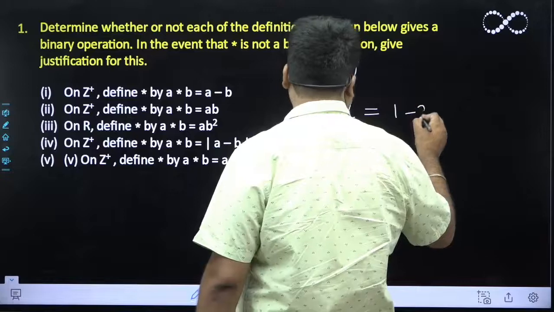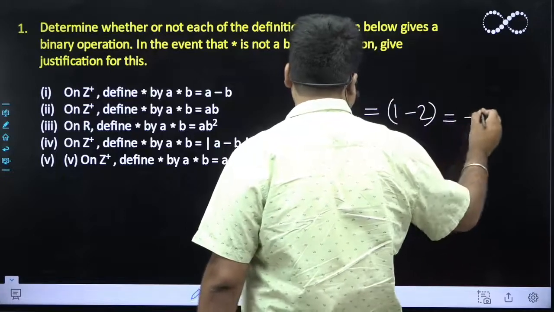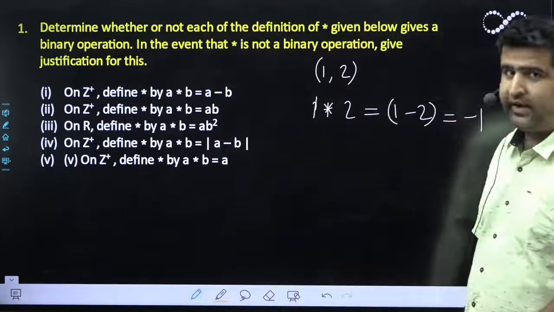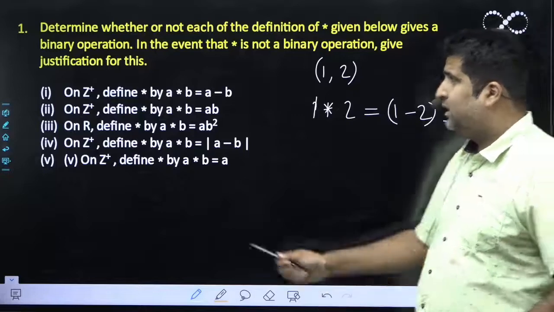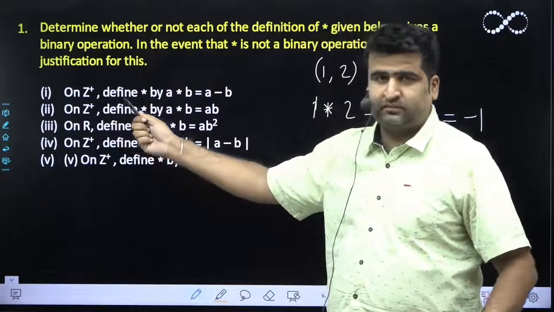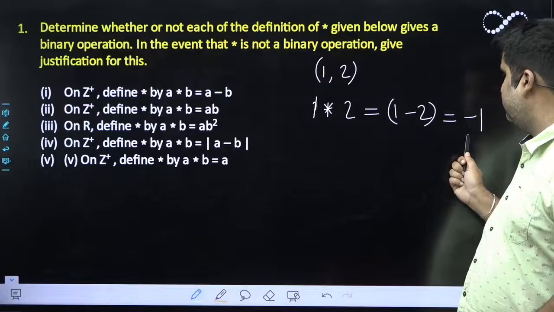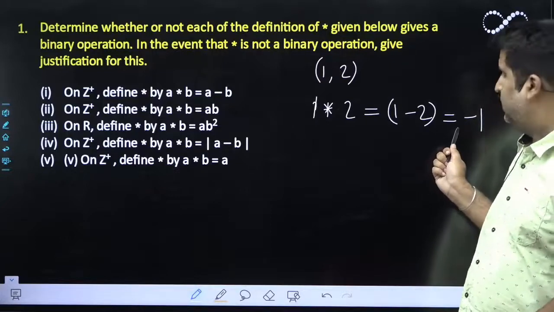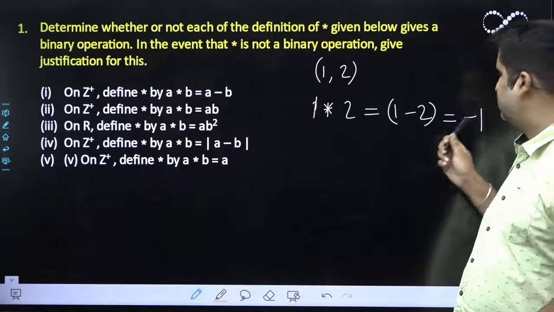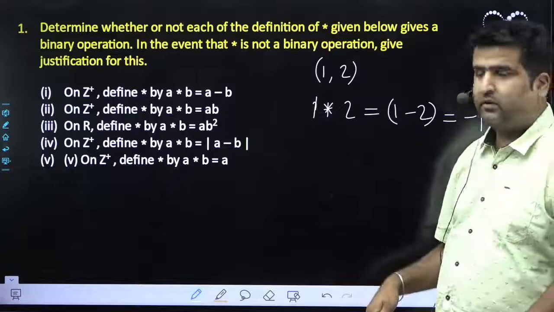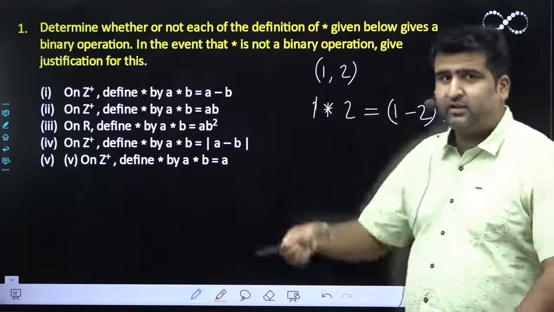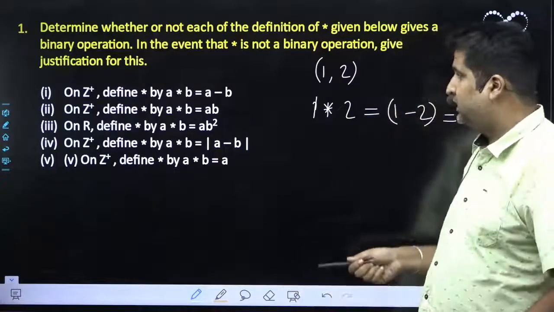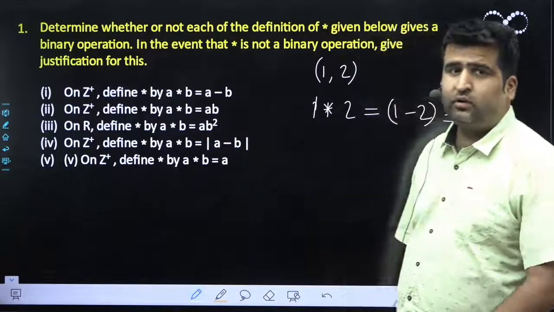This is equal to 1 minus 2, which is minus 1, right? Now this is defined on Z plus, but the number which our answer is coming to is in Z minus. This minus 1 is in Z minus. So the image is coming in negative numbers. So therefore, this is not a binary operation.